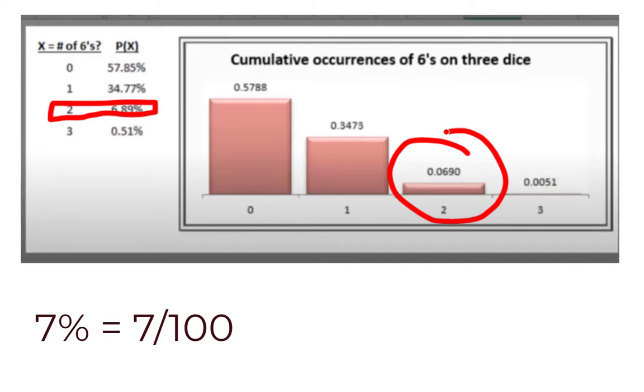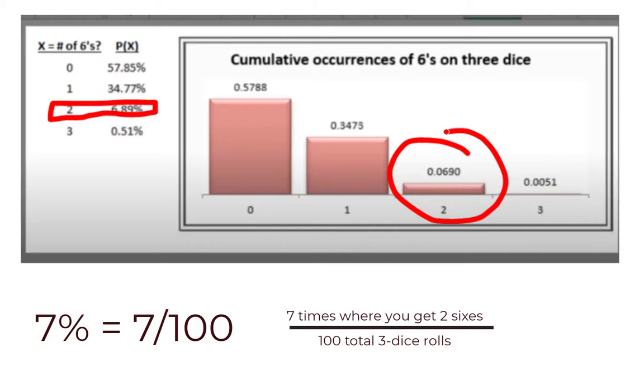So out of every 100 rolls, you'll get 2 6s about 7 times. All you have to do to answer this question is reduce that from 7 out of 100 to 1 out of what? So you would divide 100 by 7, and it would be somewhere in the neighborhood of 14 rolls. It would take about 14 rolls.